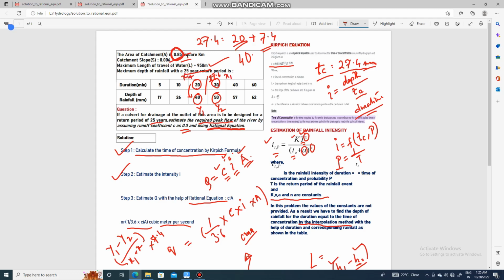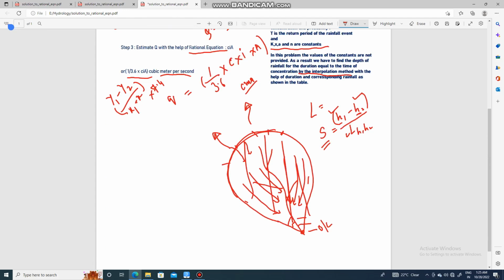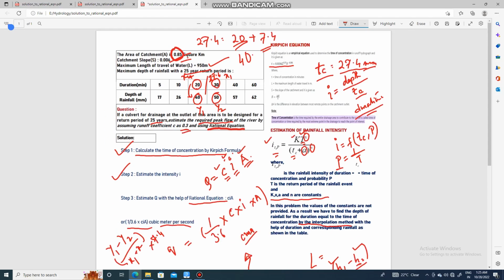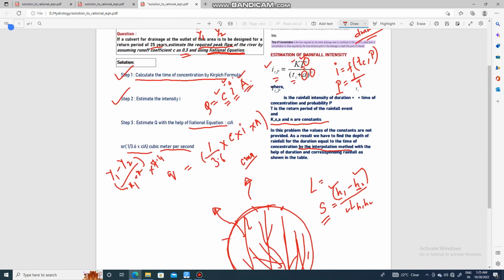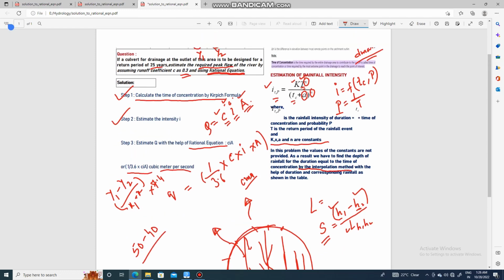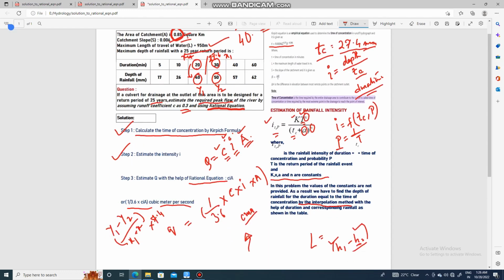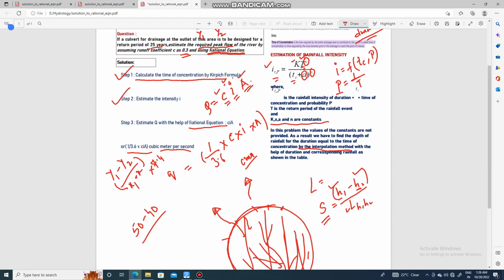So y1 minus y2 divided by x1 minus x2 becomes 50 minus 40 divided by 30 minus 20.